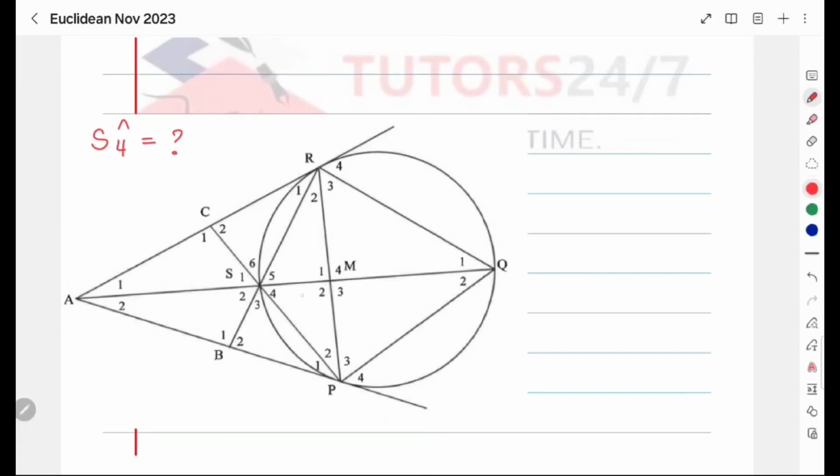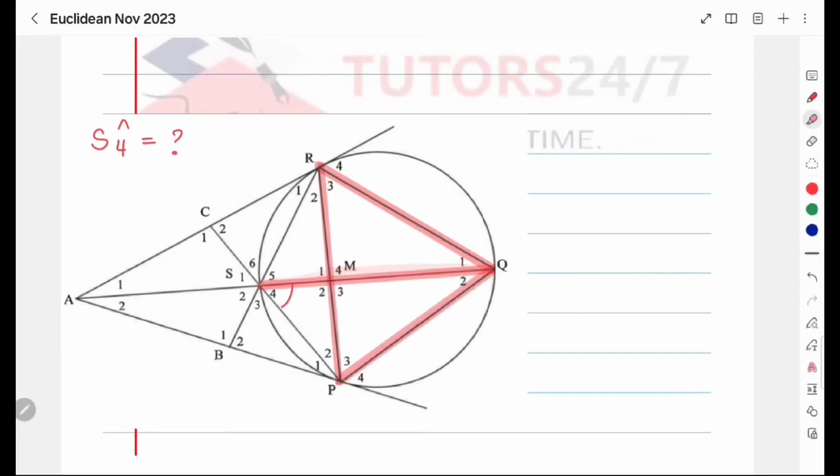So S4 is this angle over here. We need to identify what the angle S4 is equal to. As you can see, the angle S4 is equal to the angle R3, angles in the same segment.